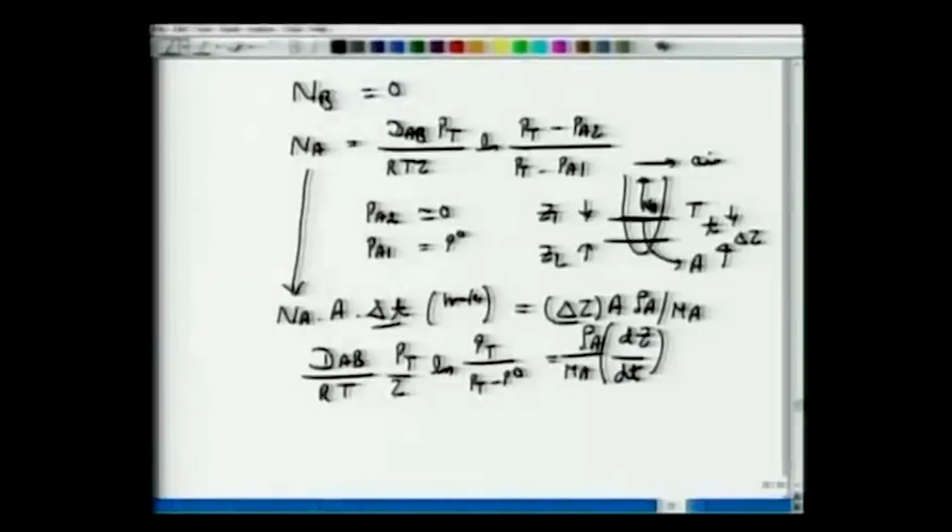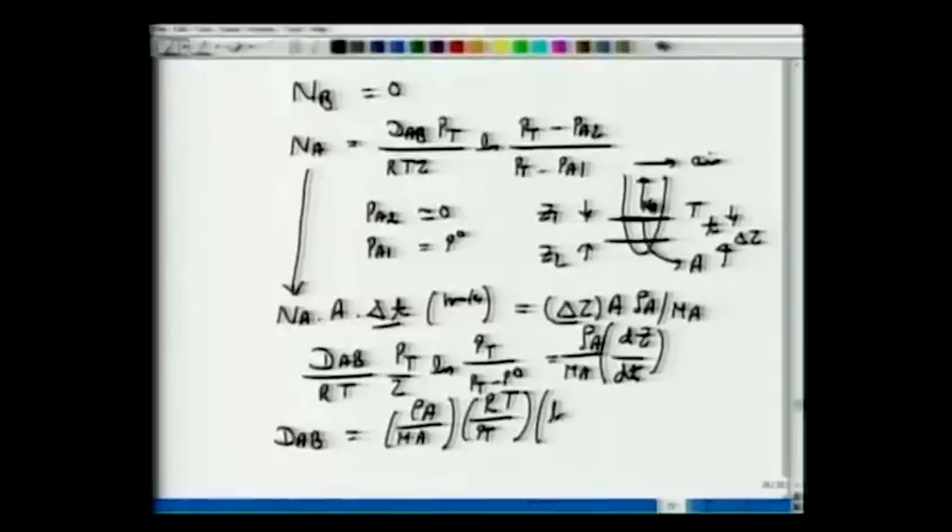Now we can integrate Z dz and dt here to predict the diffusion coefficient in terms of all known quantities, which is rho A over Ma, RT over Pt, ln of (Pt minus PA1) over (Pt minus PA2), times Z2 square minus Z1 square over 2, into 1 over total time.